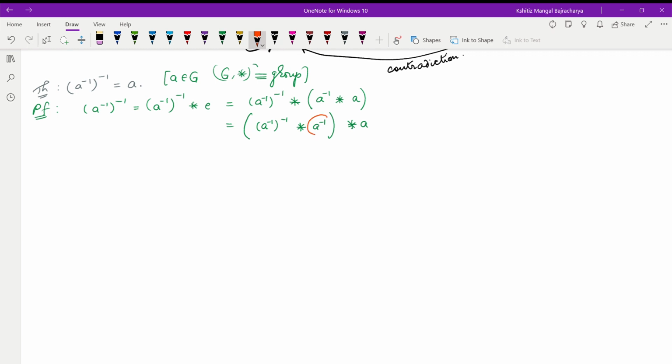The binary operation is acting on an element and on its inverse, so this should be equal to E star A, and therefore we get A. This is how we prove that the inverse of the inverse is the given element itself. Okay, very simple. Now this looks something like a result that we have been using for matrices if you have taken linear algebra.